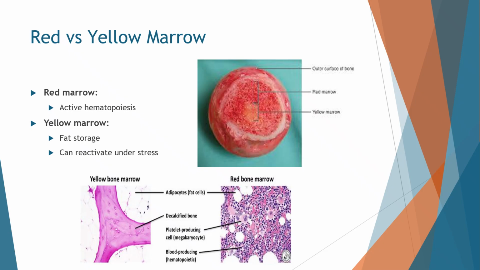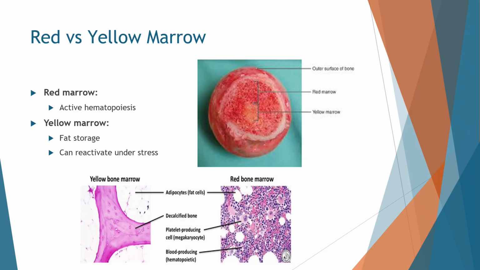Under the microscope, red marrow looks busy, nuclei everywhere, varying maturation stages, organized chaos. In contrast, yellow marrow is dominated by adipocytes. Its primary role is fat storage, but here's the important part. It is not permanently inactive. Under physiologic stress, like severe anemia, hemorrhage, or marrow failure, yellow marrow can revert back to hematopoietic activity.